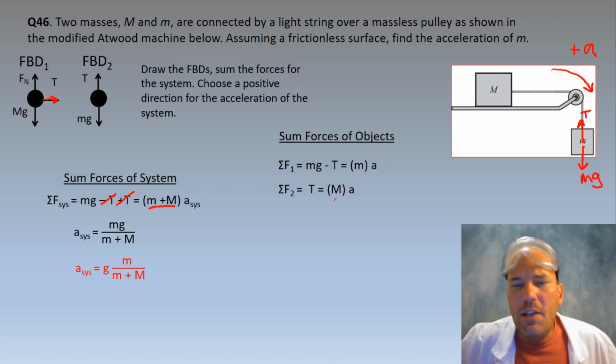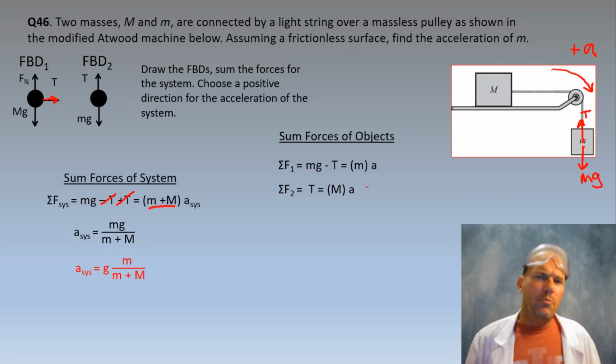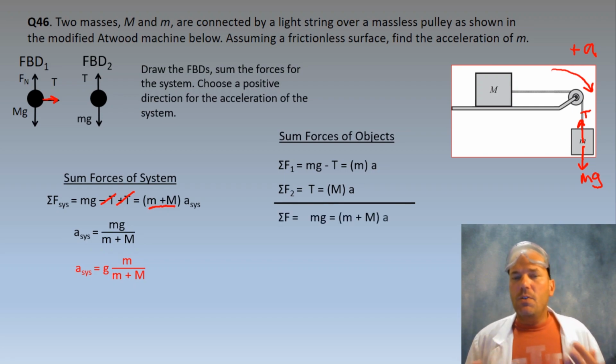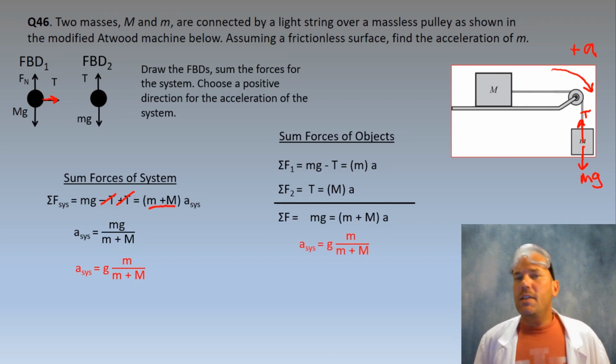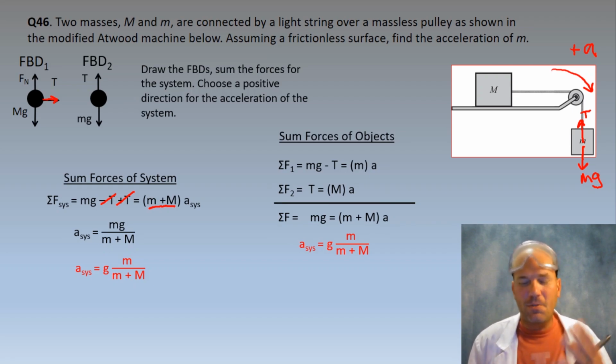And that's going to be equal to the mass of that object, capital M, multiplied by the acceleration of that object, which is the same regardless of which object. So if you look at these and add them together, these two equations, you end up with this expression. Simplifying this, you get the exact same answer that we obtained using a system approach. It's up to you which one's easier.